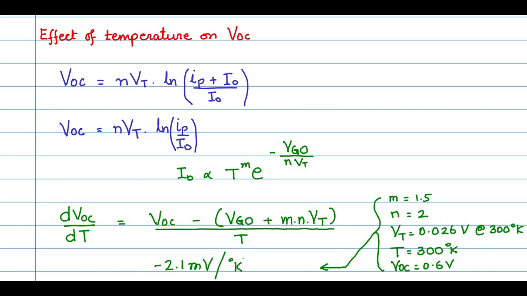What it means is that for every cell PN junction, the variation of the open circuit voltage VOC with temperature is minus 2.1 millivolt per degree Kelvin. A 1 degree centigrade rise in temperature will make VOC fall by 2.1 millivolt.